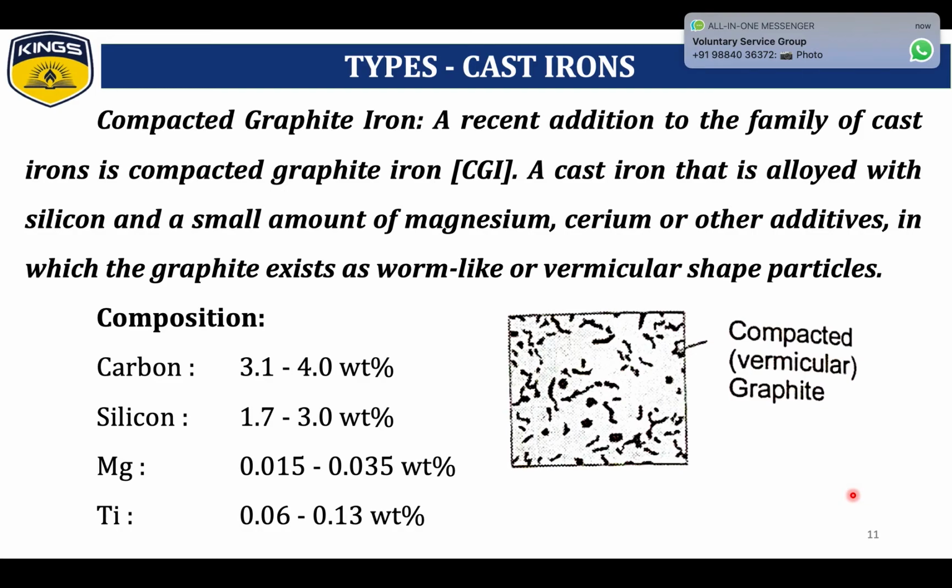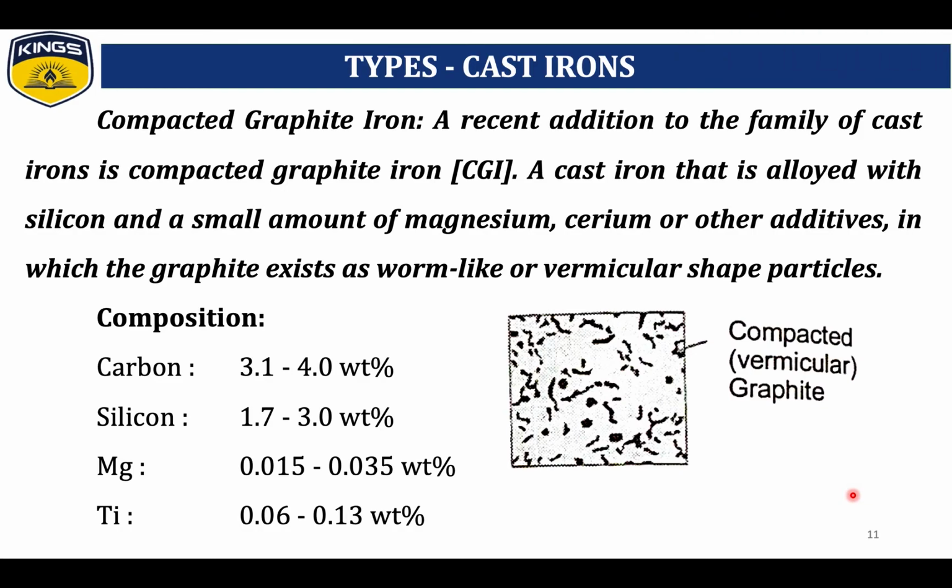Compacted graphite iron is a recent addition to this family of cast iron. A compacted graphite iron is cast iron alloyed with silicon and a small amount of magnesium, cerium and other additives, in which the graphite exists as a worm-like or vermicular shaped structure, which is shown in this figure.